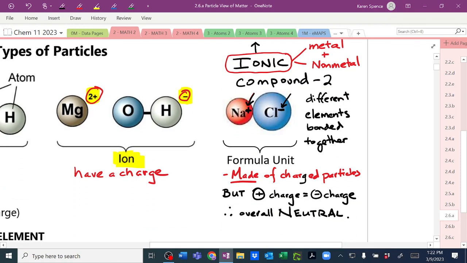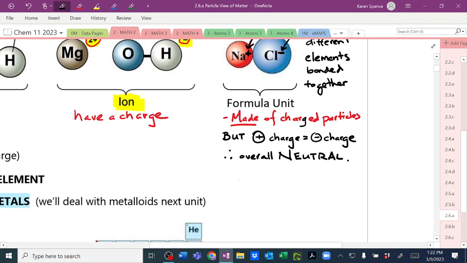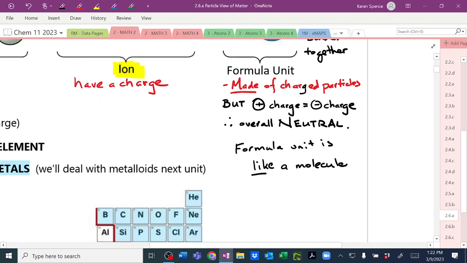So a formula unit is like a molecule, but it is for an ionic compound.